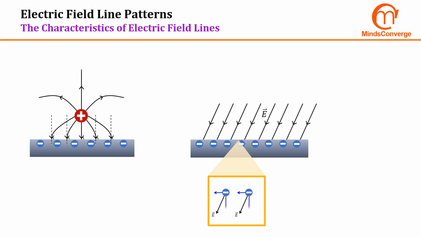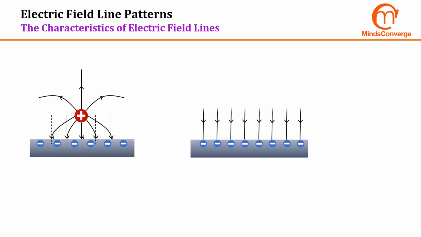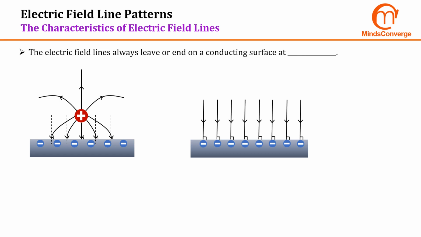The horizontal component of the electric field Ex will cause a force component to the right along the surface. This force component Fx will then move the charges along the surface until the charges settle into a final distribution that results in the field lines becoming perpendicular to the surface. Hence, the electric field lines always leave or end on a conducting surface at right angles.